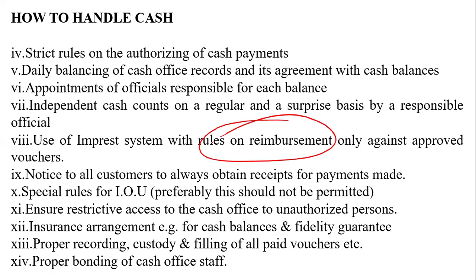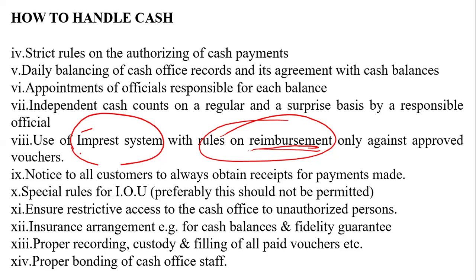There are rules on where to pay money and not to pay money, and we are going to talk about reimbursement later because it is a system underlined by the imprest system. The organization would have agreed that on a monthly or weekly basis, this is the amount that should be paid.